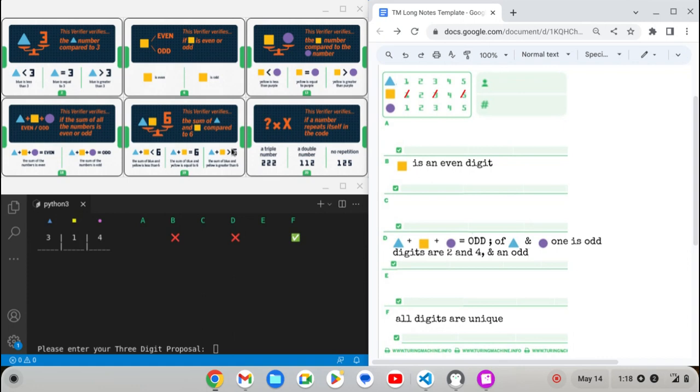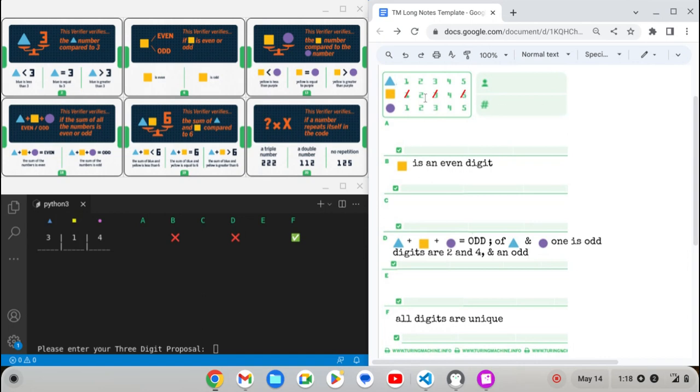We could try to... Oh, one other thing. Coming back to criteria E about the sum. Since we do have an even digit in square, that means that, oh wait, no. We do have an even and odd. Okay, never mind. I was about to say something about 6, but that wouldn't be true since I don't know whether triangle is even or not.